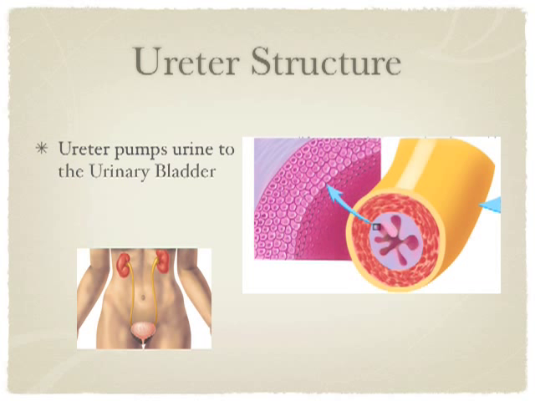It's not gravity that takes the urine down the tube. The muscle actually uses a peristaltic motion, kind of like moving food through the digestive tube, and this pushes the urine down and literally inflates the bladder. Okay? The ureter pumps urine into the urinary bladder.